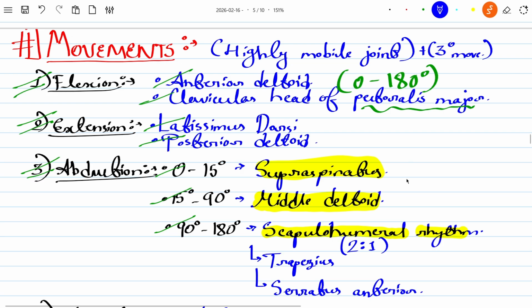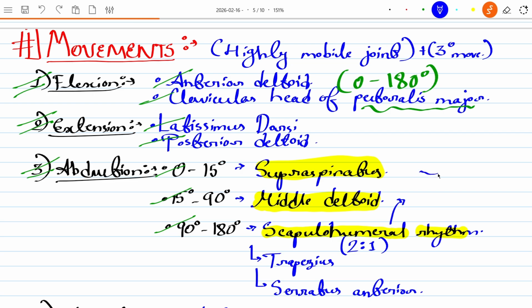scapulohumeral rhythm. It is a special type of biomechanical movement which happens between the scapula and humerus. When the abduction goes above 90 degrees, your scapula starts to move in a circular rotating motion.